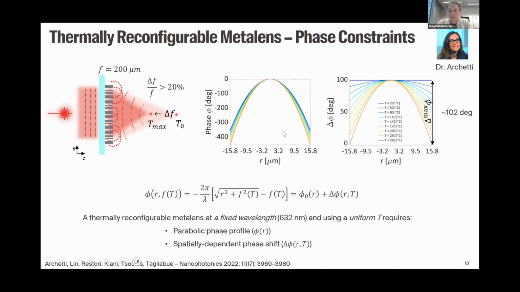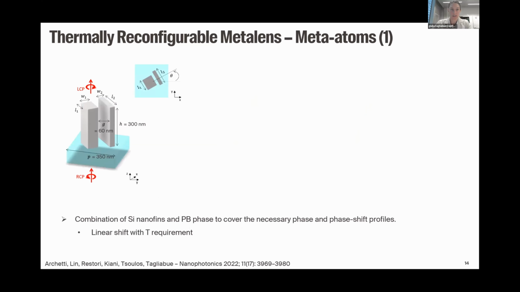So how to satisfy both of these constraints can be relatively challenging, but eventually we figured out that you can play a trick. If you use the Pancharatnam-Berry phase to satisfy the room temperature profile, then you can encode only the delta phase into each of the resonators. And by designing still different resonators at different radial positions, you can achieve both conditions simultaneously.